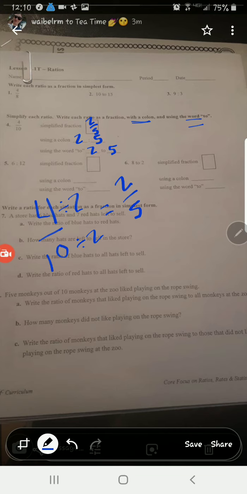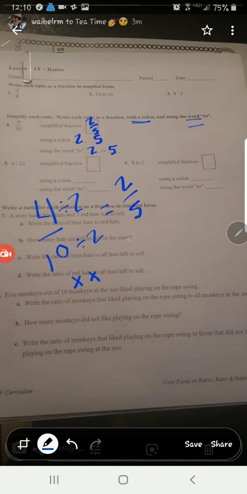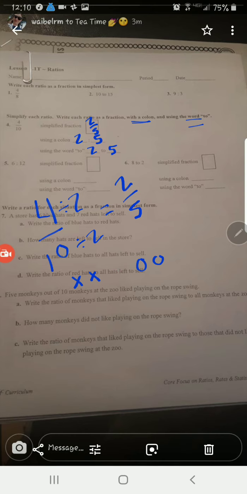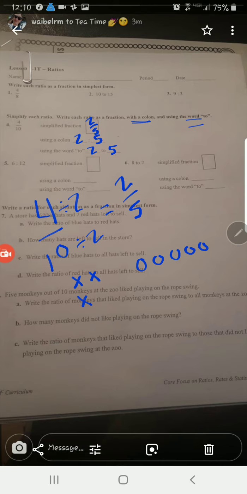And I can give you some explanation with that too. It would be like saying for every 2 x's you have 5 circles. Because that's just the simplest ratio. You could have 6 x's.